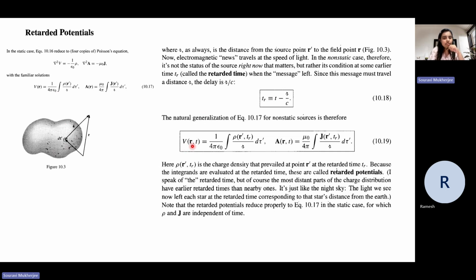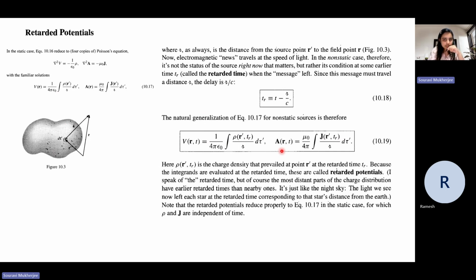The potential at some point r at time t is 1 by 4 pi epsilon 0 times the integration of rho at the position r prime, where you had your charge or current distribution, at some earlier time tr, d tau by r. So it's the charge or current distribution at some earlier time which determines the potential, or the fields in a way.